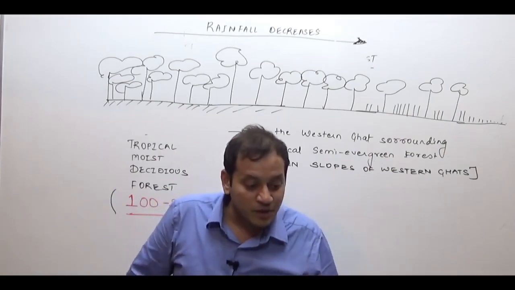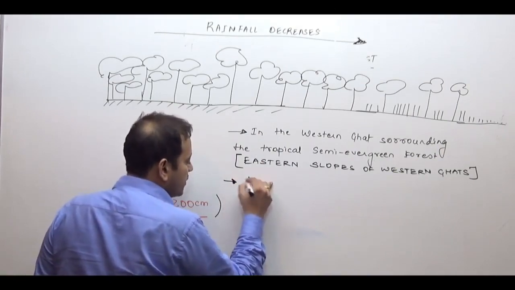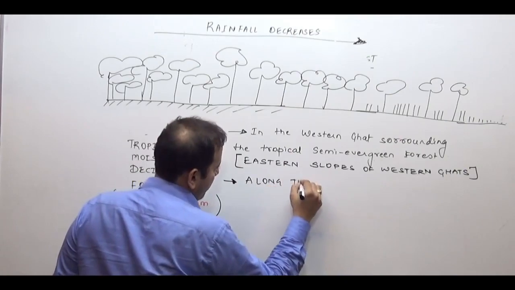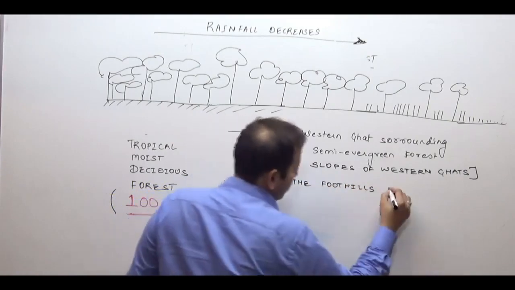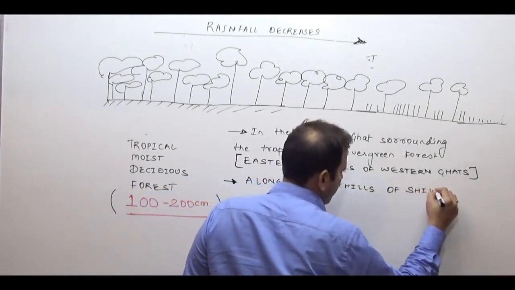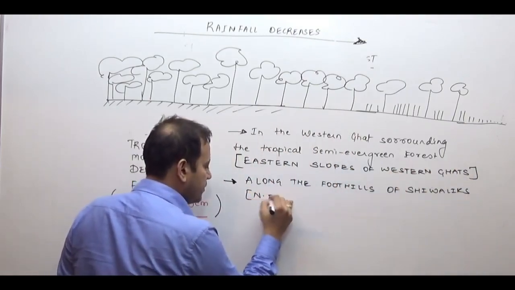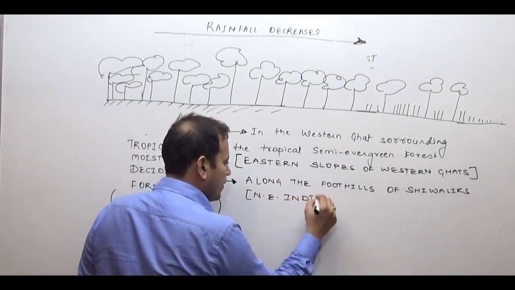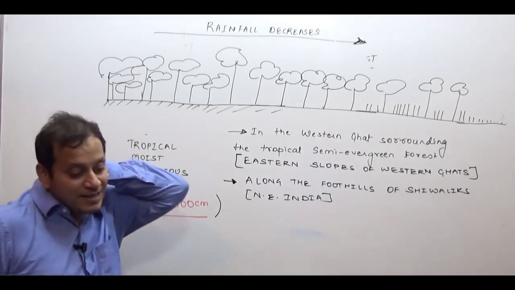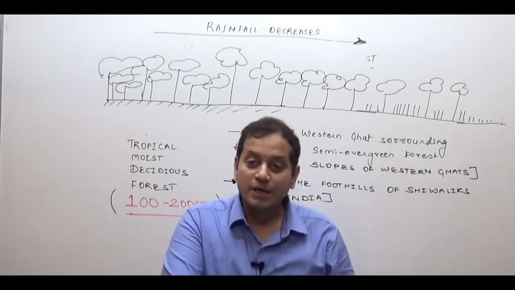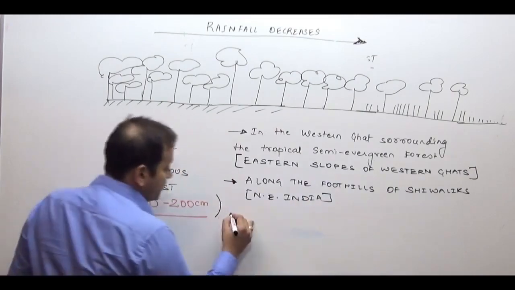Then it is found in the northeastern states, that is along the foothills of the Shivaliks, including northeastern India, in the states of Manipur, Mizoram, etc. They are found in the Chota Nagpur Plateau region.